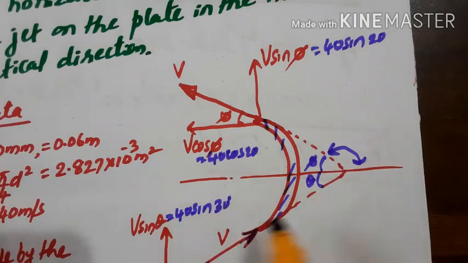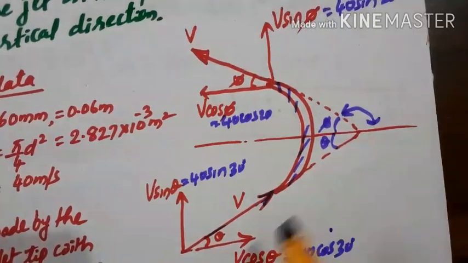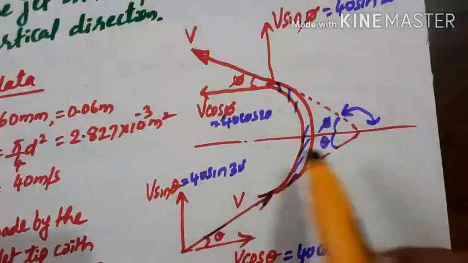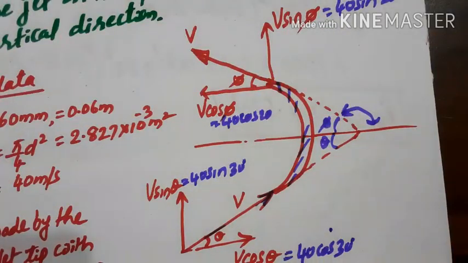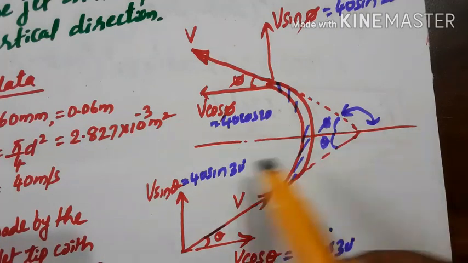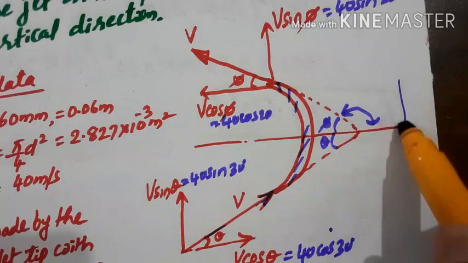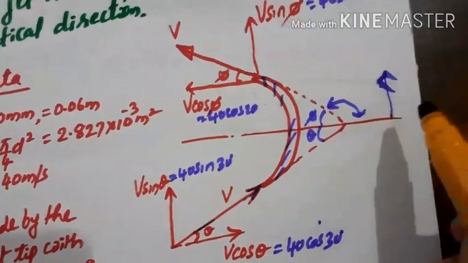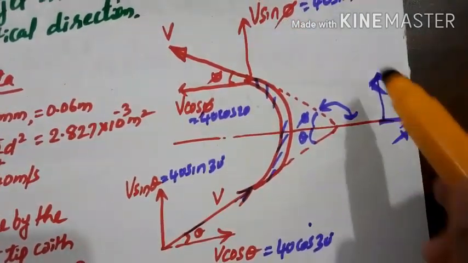So this is the unsymmetrical case, and now either you can apply the impulse momentum principle for this figure and get the force exerted by the jet in x direction as well as in y directions. So we want the force exerted by the jet in y direction as well as in x direction.